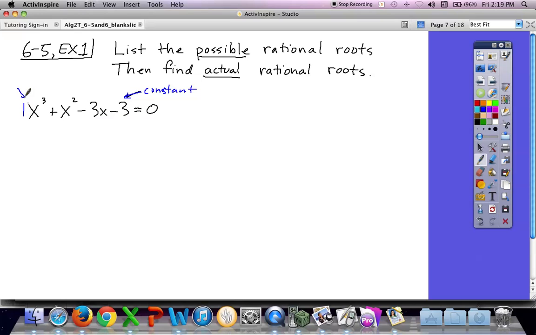So in this case, that's the leading coefficient. So if there are any rational zeros, then we would know they have to be one factor of -3 divided by some factor of 1.